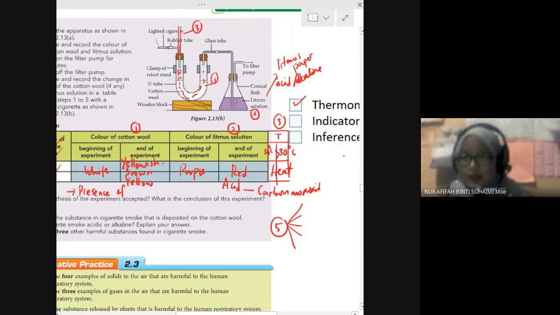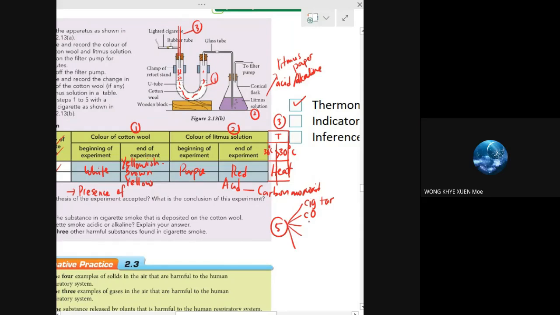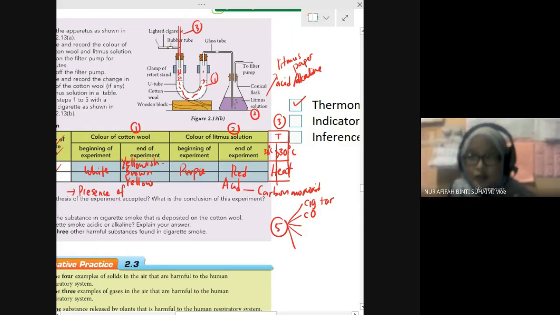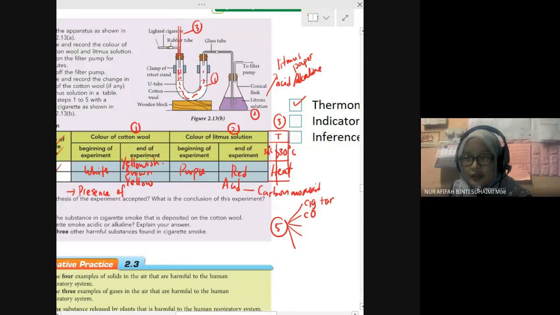We have cigarette tar, carbon monoxide, and also dust, haze, and one more thing. Which one will cause your lung to become black? Which harmful substance?